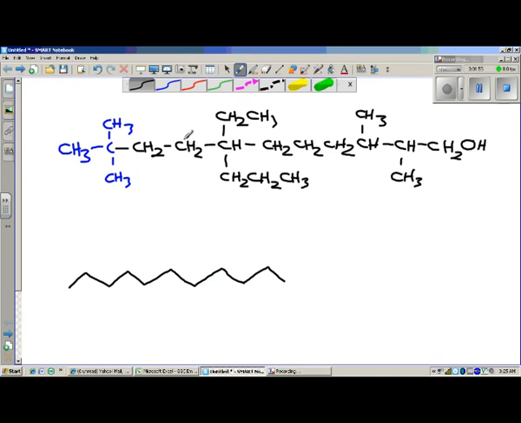Tell you what, let me number them as well. 1, 2, 3, 4, 5, 6, 7, 8, 9, 10, 11. There we go. Now, you can already see our longest carbon chain in this shorthand form is a lot shorter than it was before.